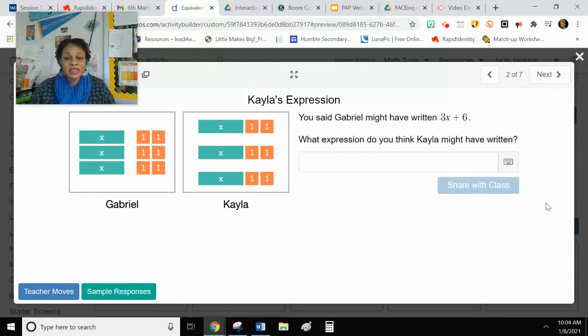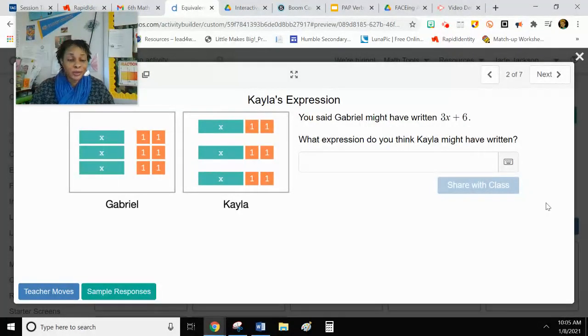Next, it says Kayla's expression. You said Gabriel might have written 3X plus 6. What expression do you think Kayla might have written? Look at Kayla's picture. What do you think she wrote? She broke hers up differently from Gabriel. So what I hope you notice is that Kayla has hers broken into 3 groups.